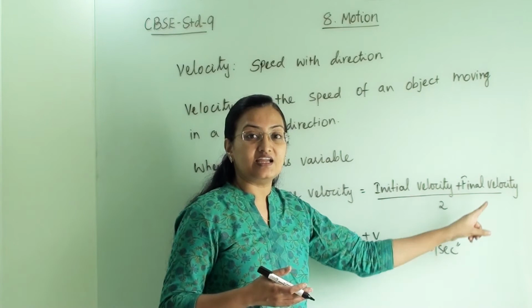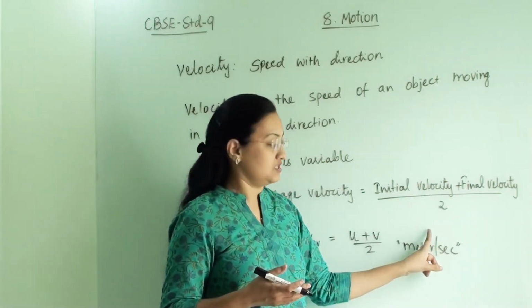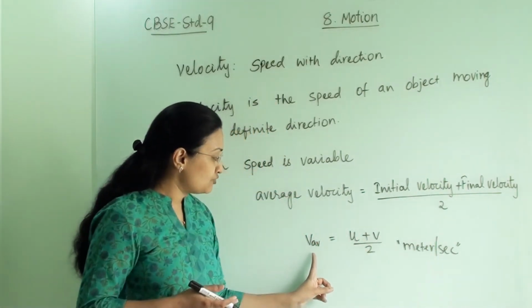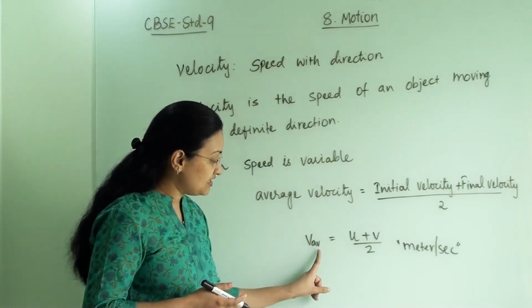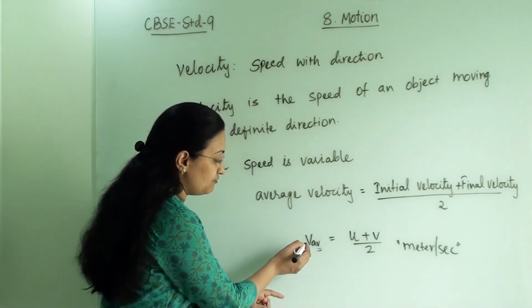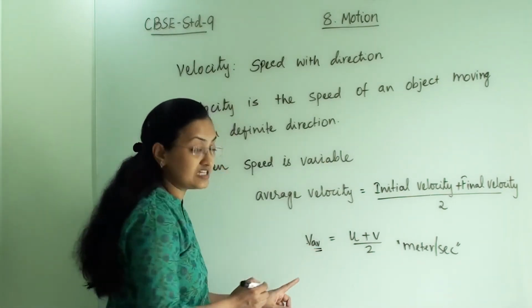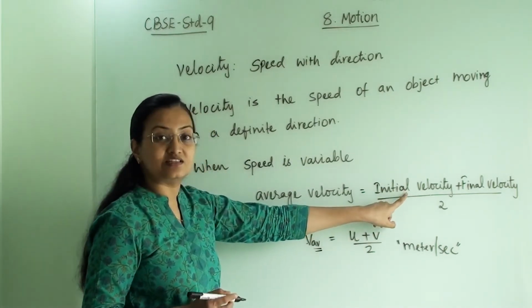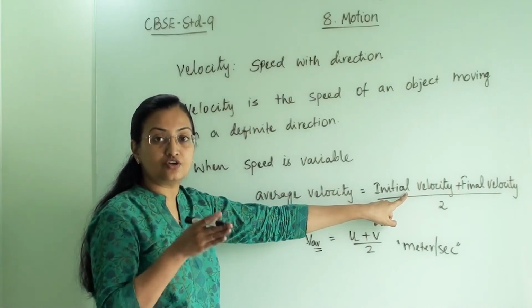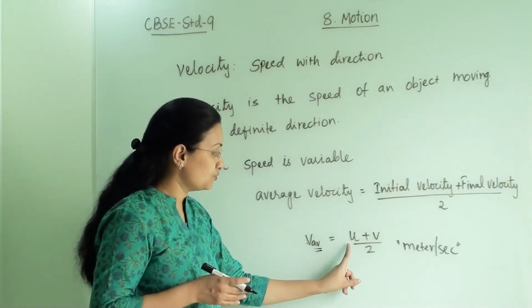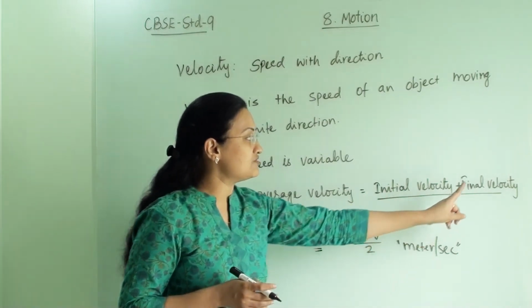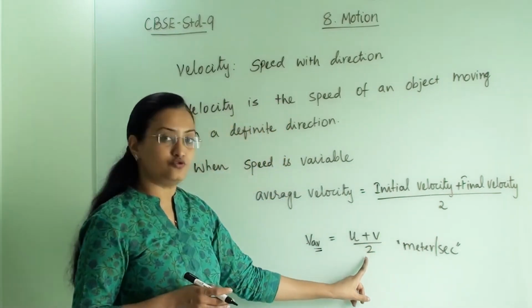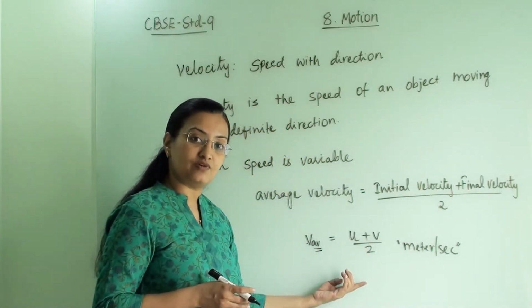So this we are taking as the average of the velocity. So we can also write it like this: V_AV, where V is velocity and AV suggests average, equals to (U plus V) divided by 2. U is always referring to initial velocity, and V is final velocity. So that is our average velocity.